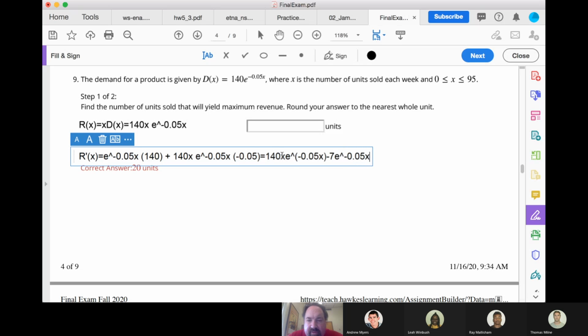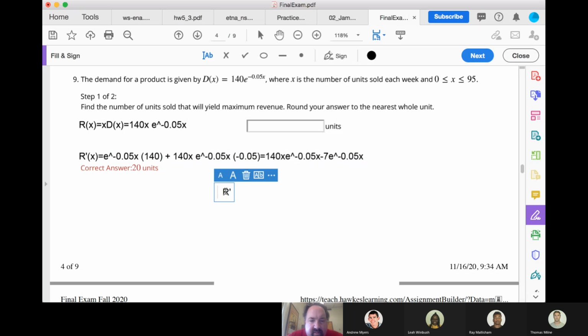All right, so this is our derivative. So then we set it equal to 0. So we have 140x e to the minus 0.05x minus 7, same exponential.